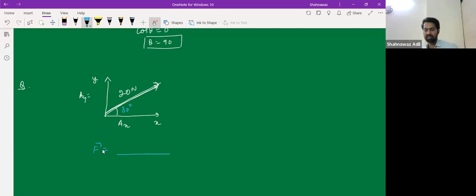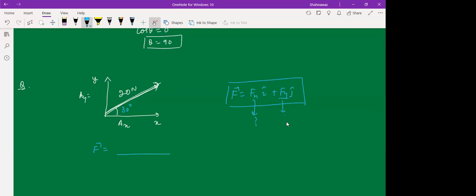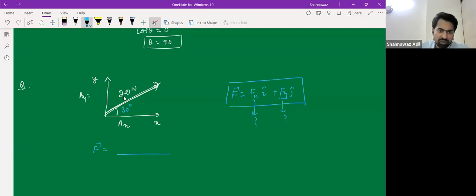Please find the x component, and we have to find the y component also. F would be simply Fx i hat plus Fy j hat. So we need to find Fx and Fy.